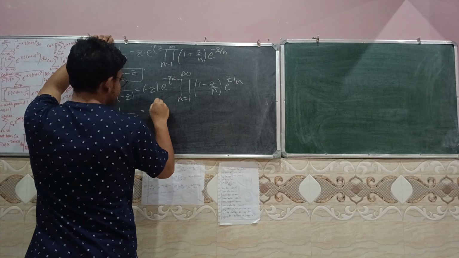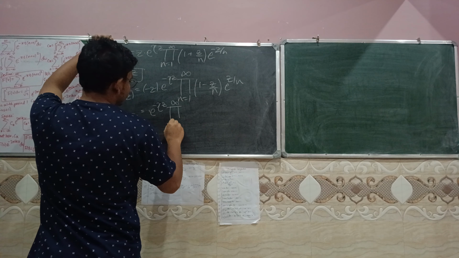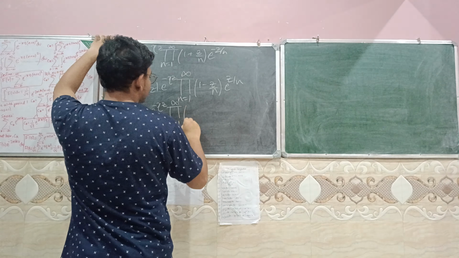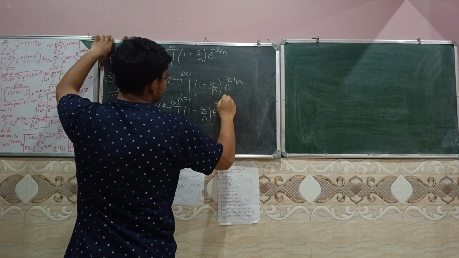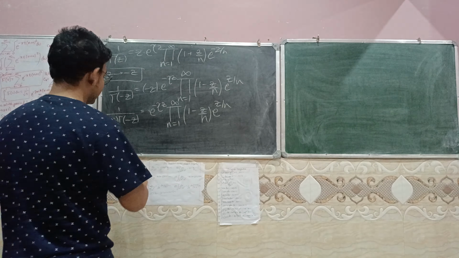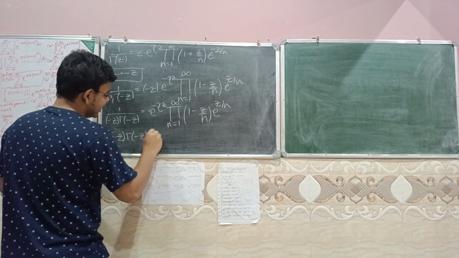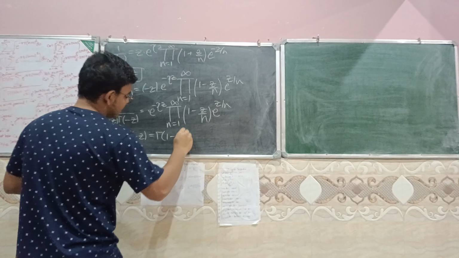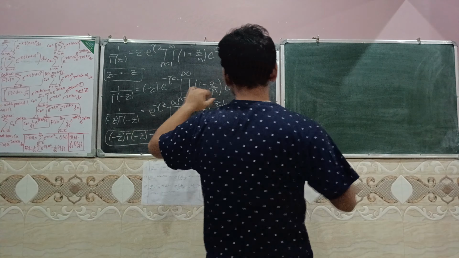So this is e to the negative Euler-Mascheroni constant times z times the infinite product as n goes from 1 to infinity of 1 minus z over n times e to the z over n. And we talked about this in the previous video, that negative z times gamma of negative z is gamma of 1 minus z, right?